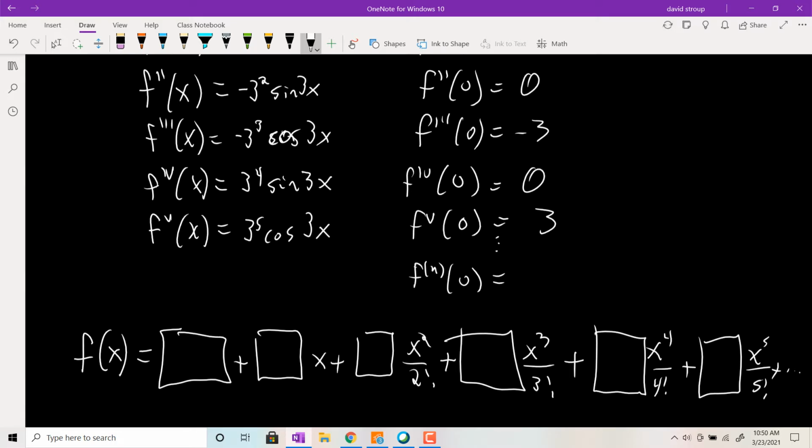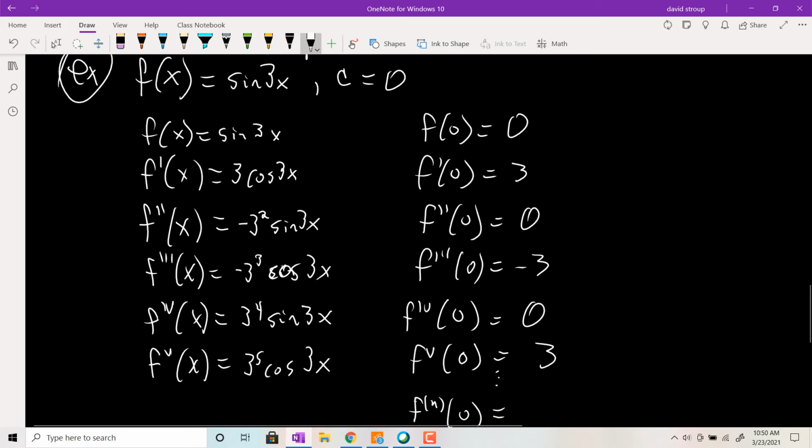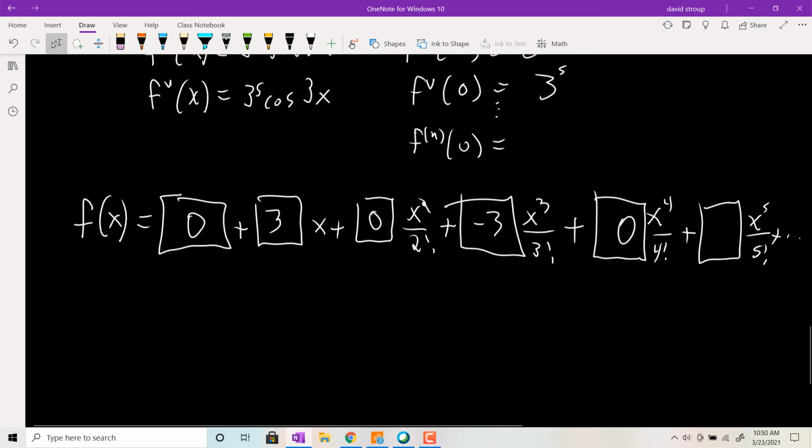So copying and pasting, the first one is 0, 0, then 3, 0, negative 3, 0. Whoops, and those have exponents on them, don't they? So this would be cubed, and then this would be to the 5th.